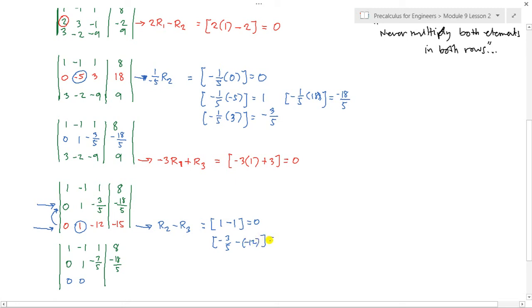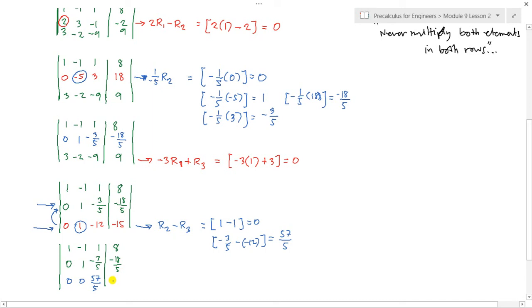What is the answer? Negative 3/5 minus 12 is 57.5. Please verify, is that correct? 57 over 5? Yes, sir. Okay, so put 57 over 5.